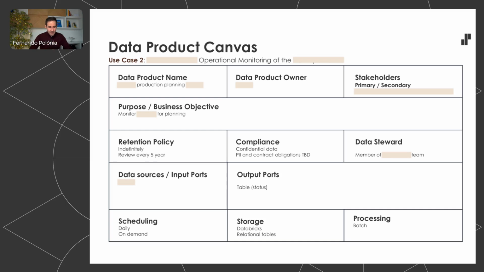So you can see there you have output ports and you have processing. Is it batch? Is it streaming? Output ports, are they just tables? Are we talking about APIs? What are we talking about and at which speed?